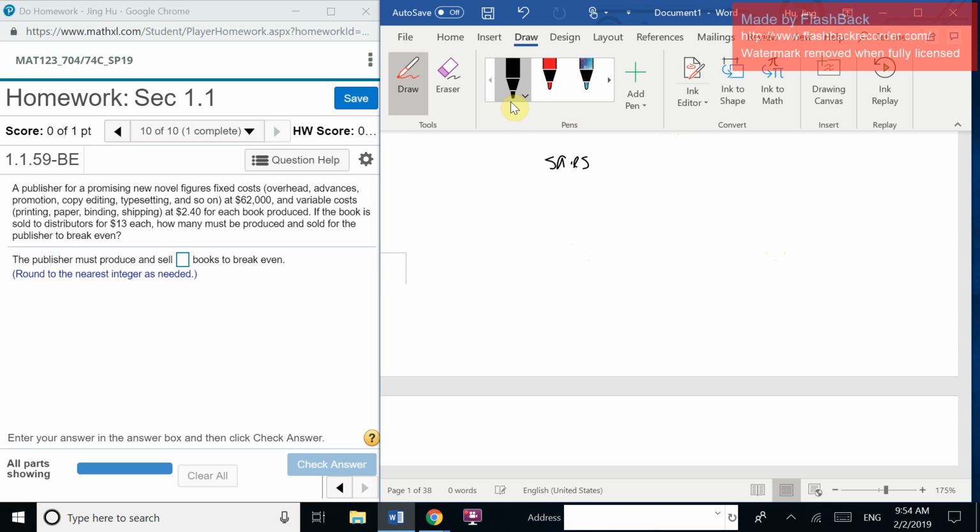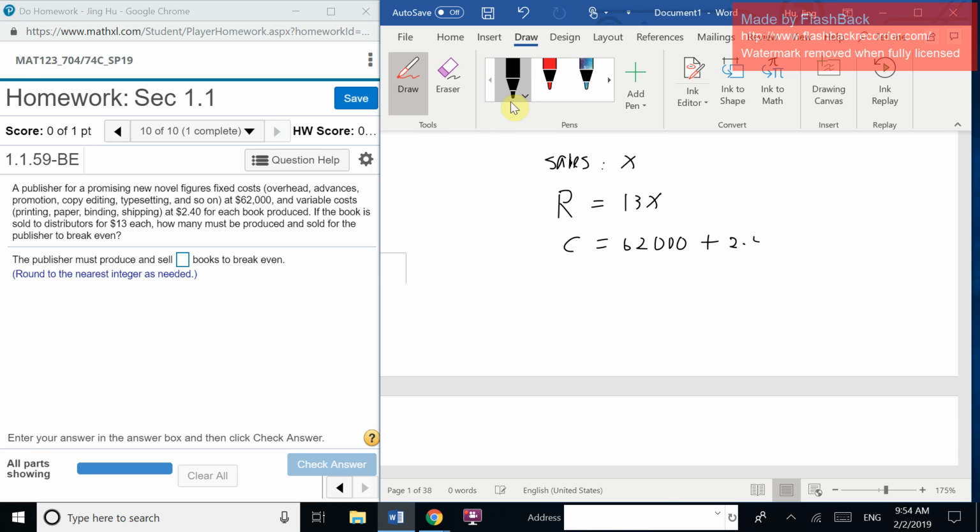Let x be the number of books. So the revenue: every book you can sell for $13. So the incoming for each book you sell is $13, so 13x.